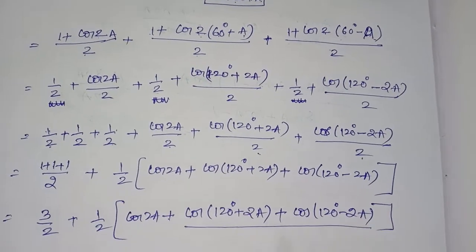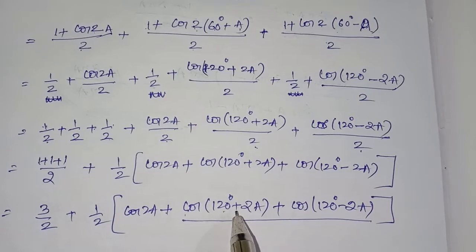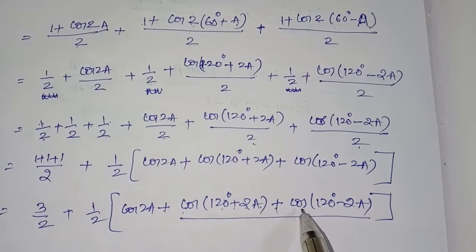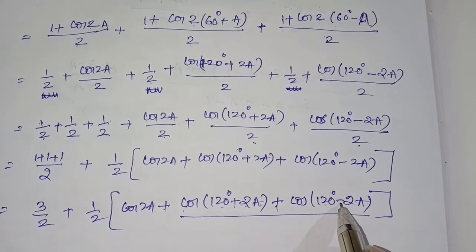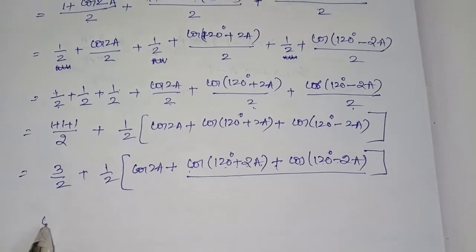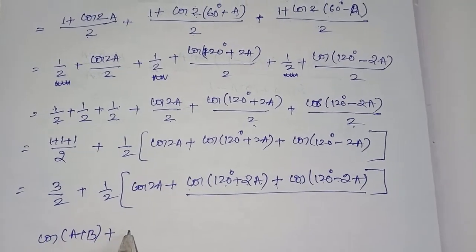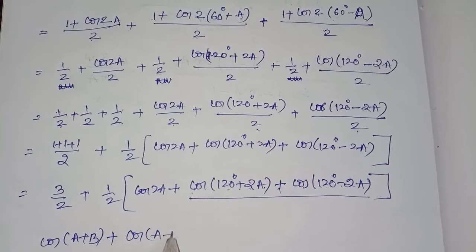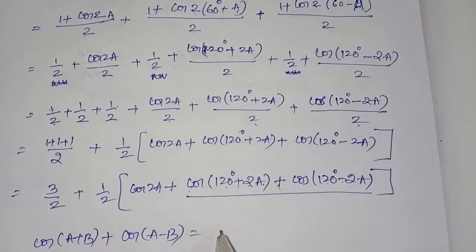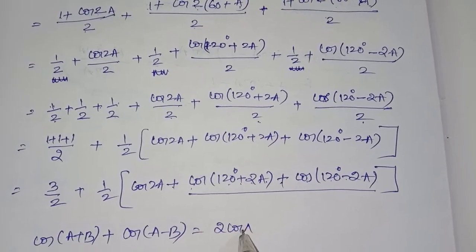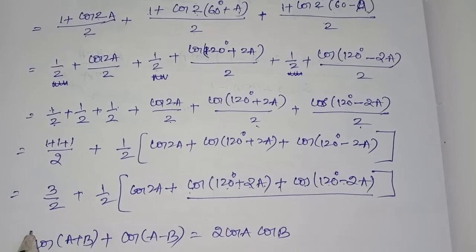Observe this part: cos(120° + 2A) + cos(120° − 2A). Here we have one formula: cos(a + b) + cos(a − b) is equal to 2 cos a cos b.